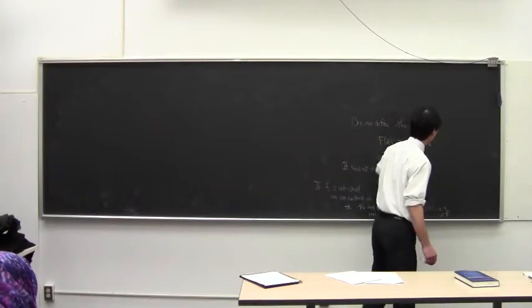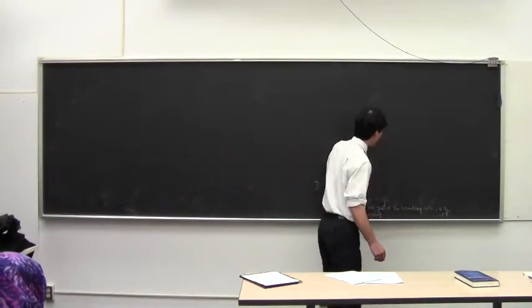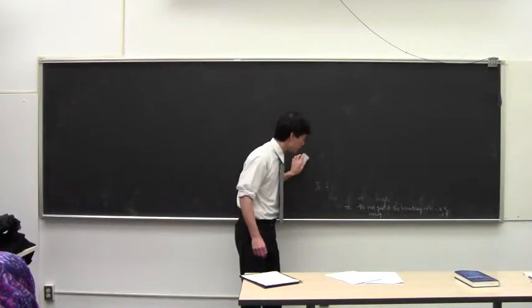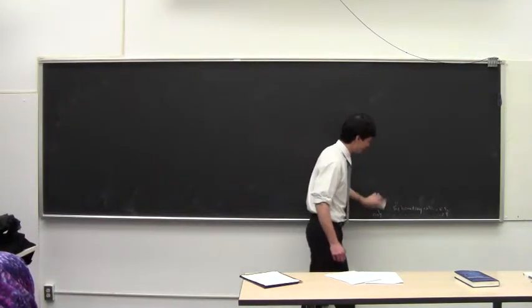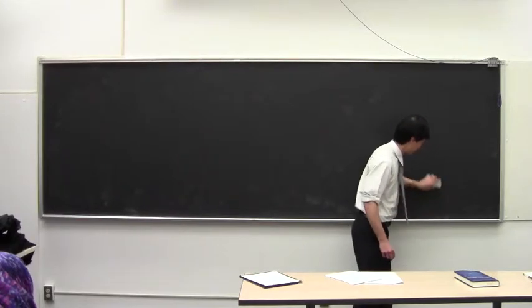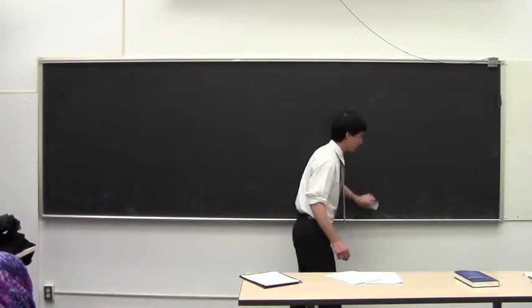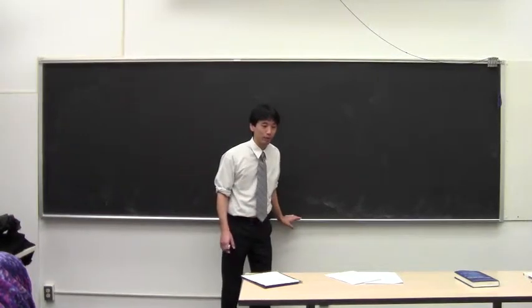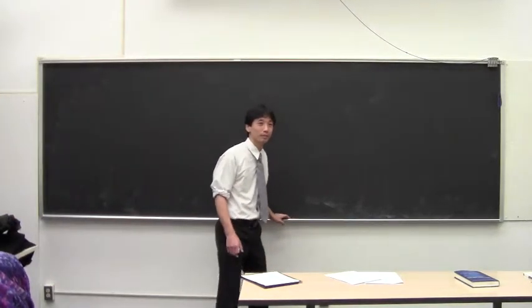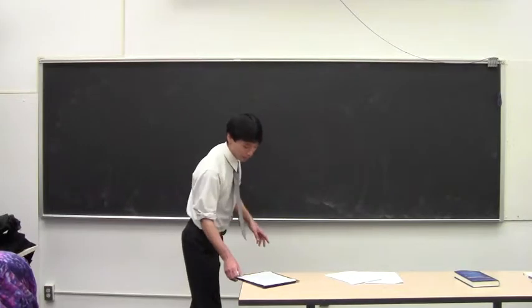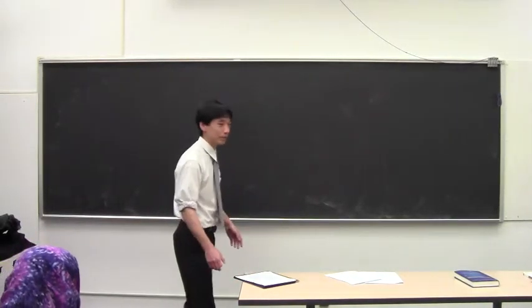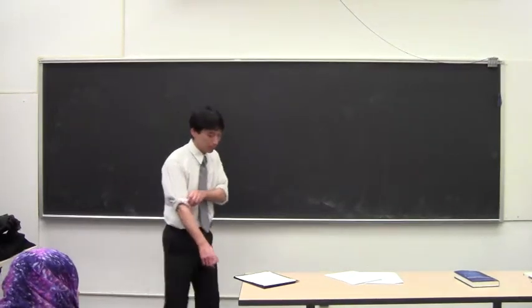And it's the prototypical example of something called a singular integral, which is one of the central topics of analysis. So the Hilbert transform is the first example of a singular integral.